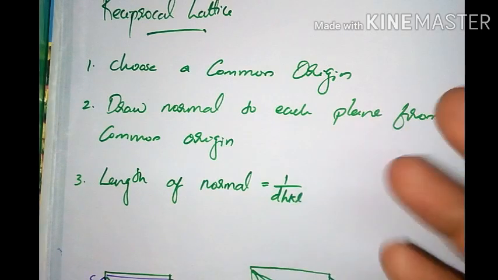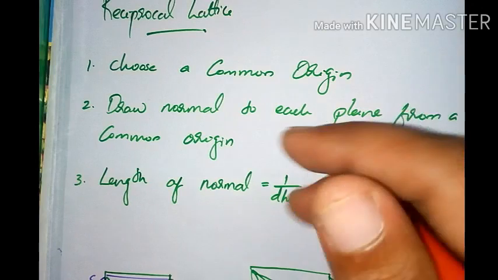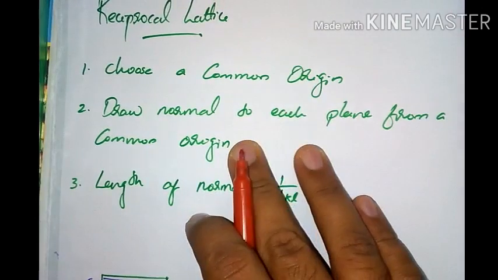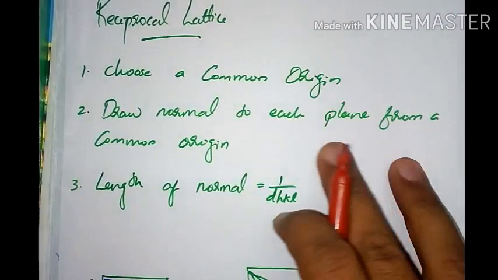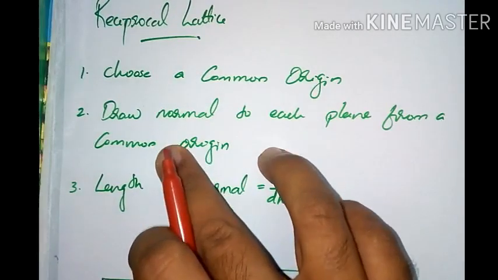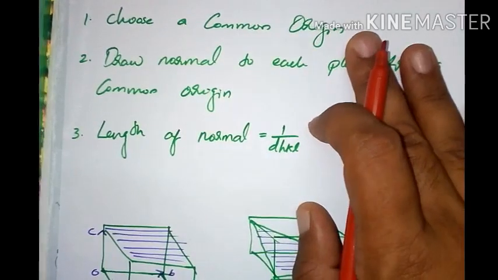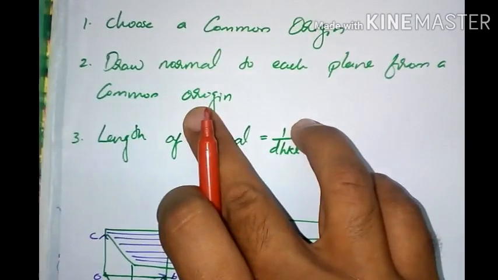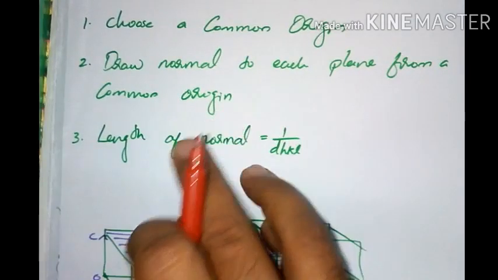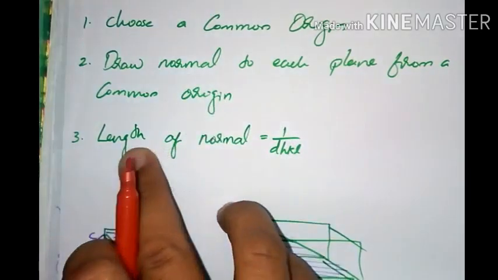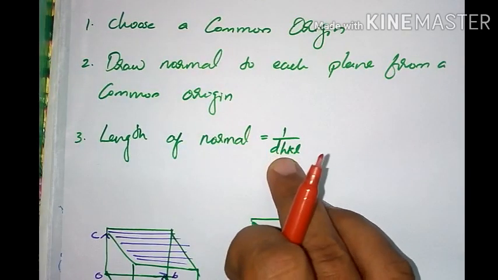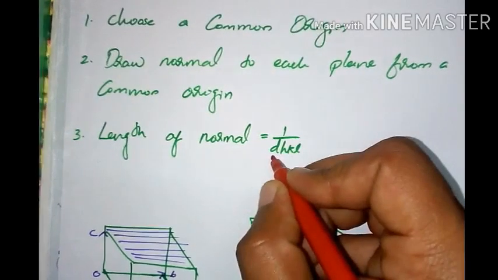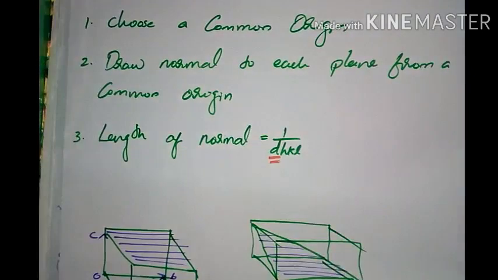Then we draw a normal to each plane from the common origin, and the length of that normal should be 1 by d_hkl, where d is the interplanar distance.